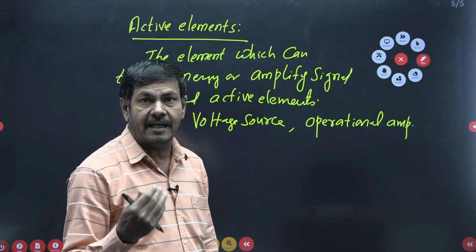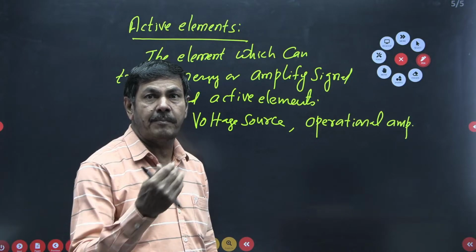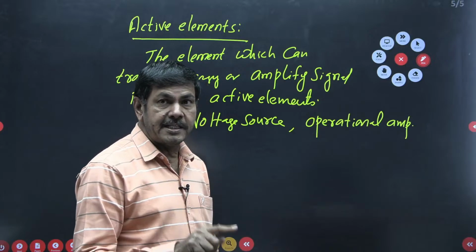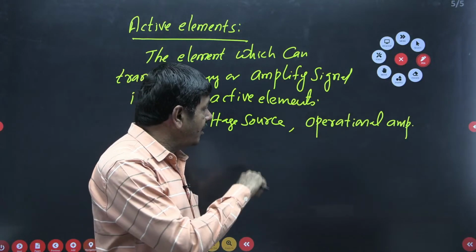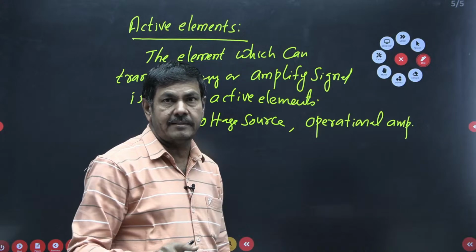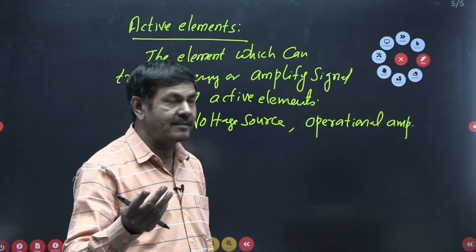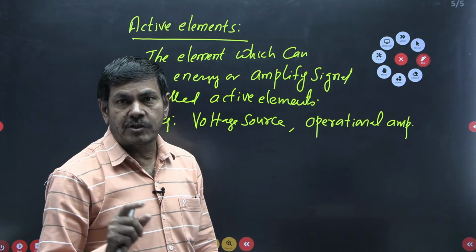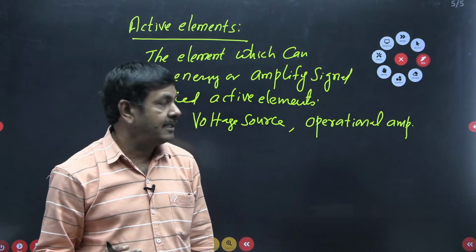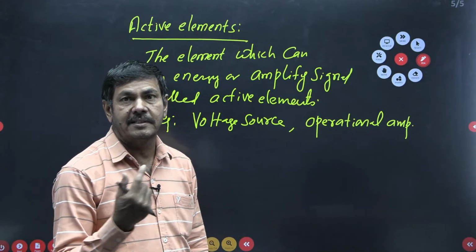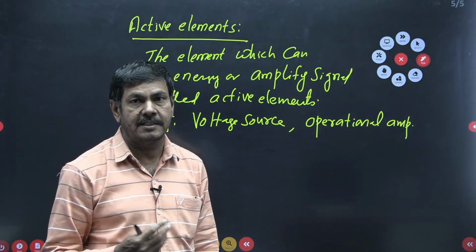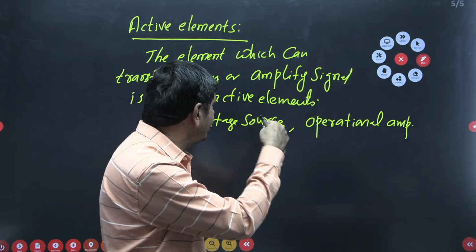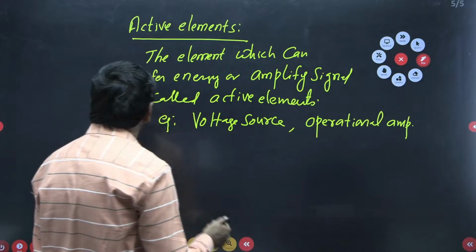Signal means: is it current amplification, voltage amplification or power amplification? Importance is given to power. If the BJT, FET, MOSFET or operational amplifier amplifies the power, then only you can say it is an active element. If only voltage amplification is done, we cannot say it is an active element. Understand my point. To amplify the signal means these will all come under active elements.